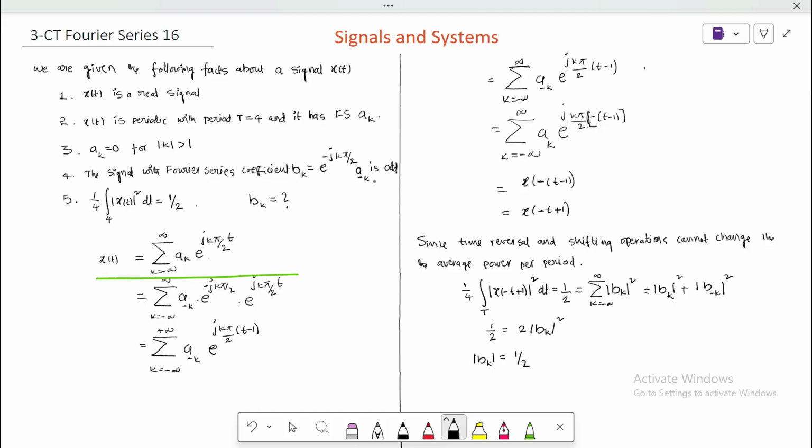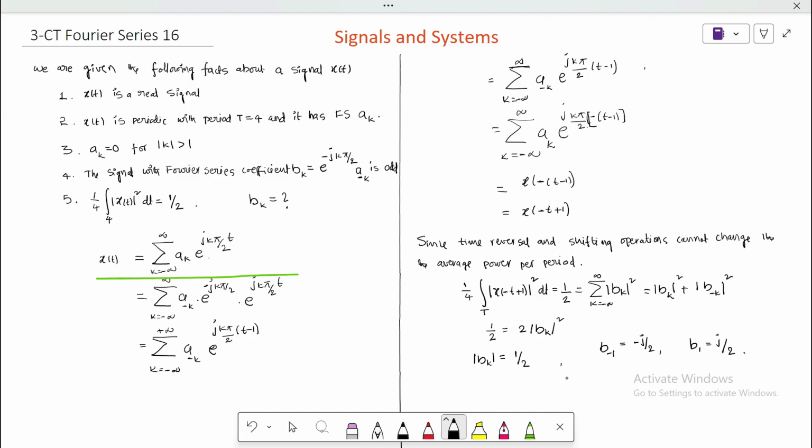Already you know that the signal is odd, then b_k must be purely imaginary with complex conjugate symmetry. Then we can directly write mod of b_k is the magnitude. So b_minus 1 equals minus j by 2 and b_1 equals plus j by 2.